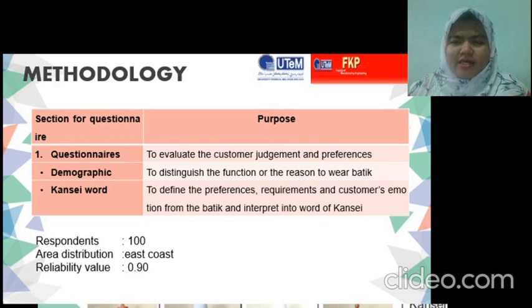And for each of the words, we put a Likert scale from 1 to 5, where 1 is strongly disagree and 5 is strongly agree.